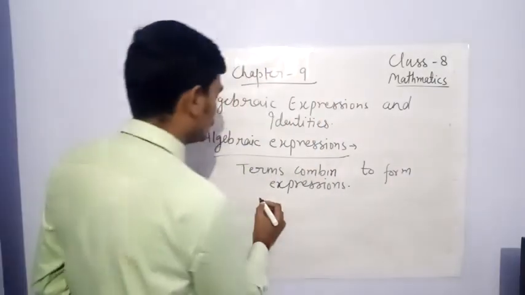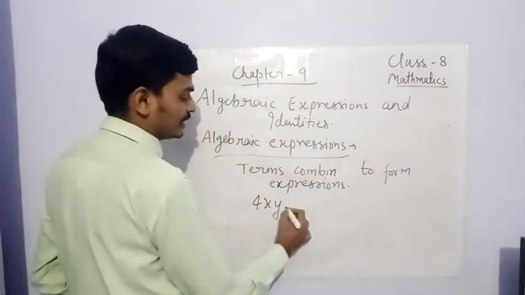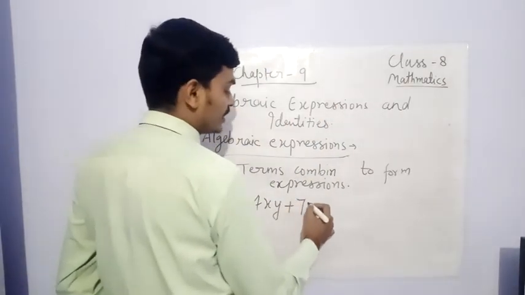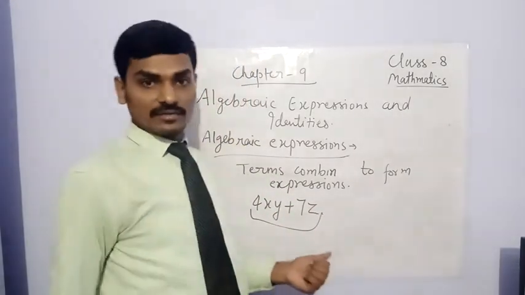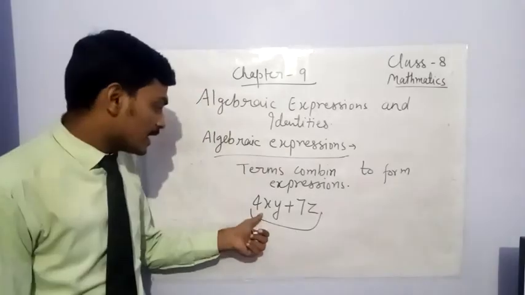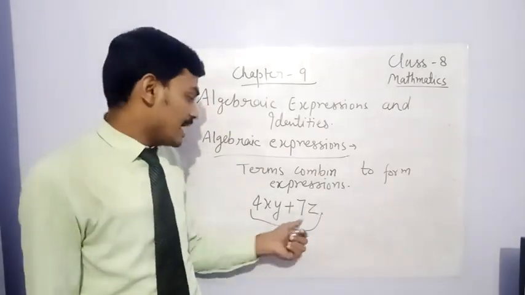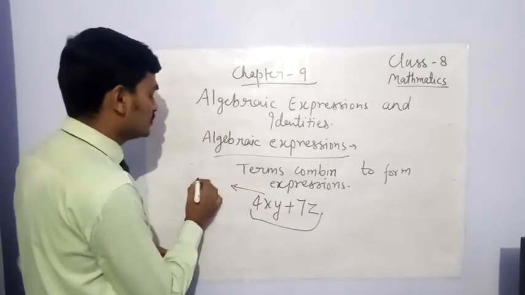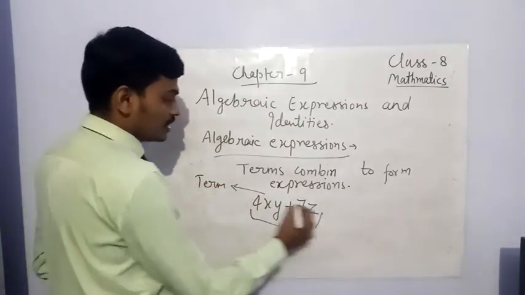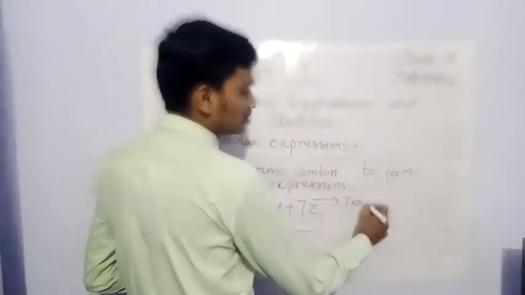For example, 4xy plus 7z. This is known as an expression because here 4xy is one term and 7z is another term.